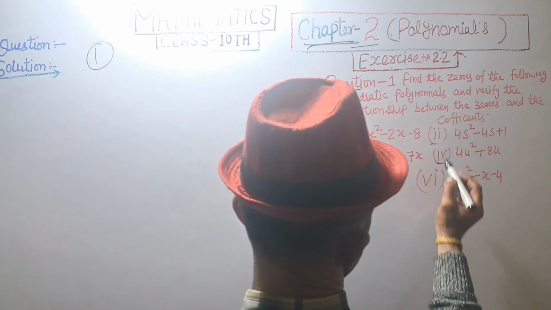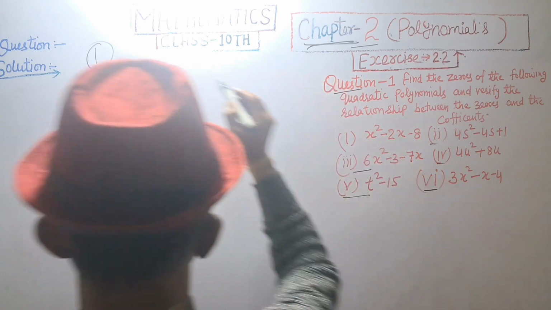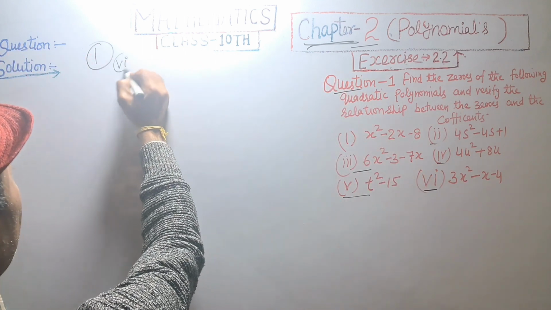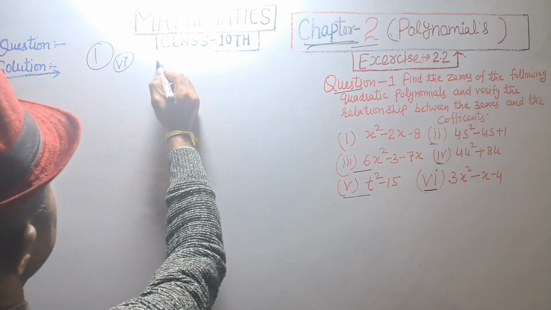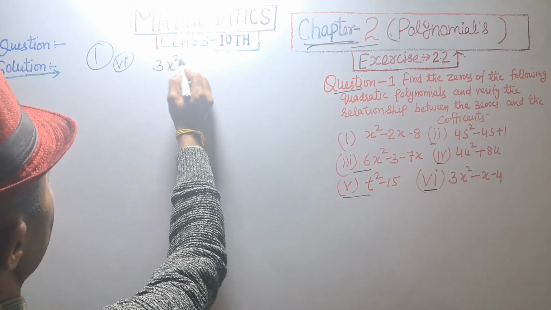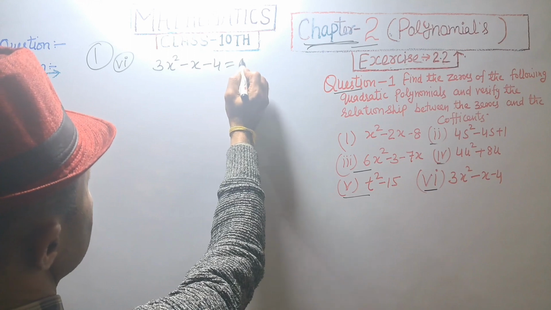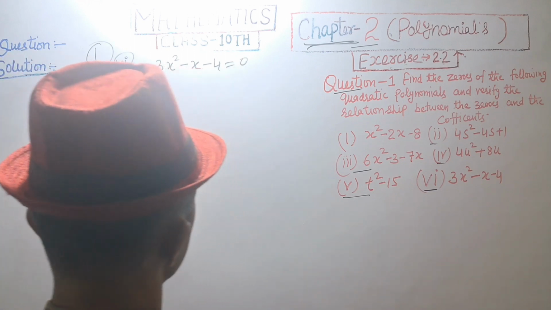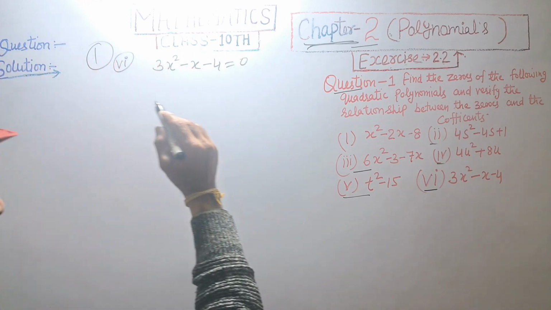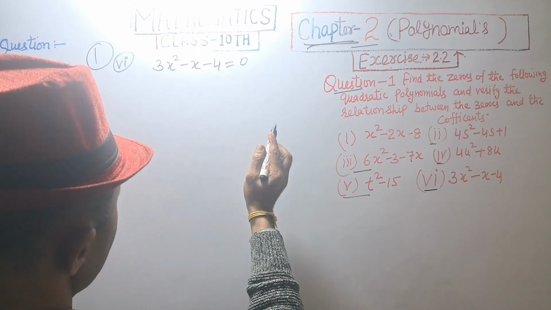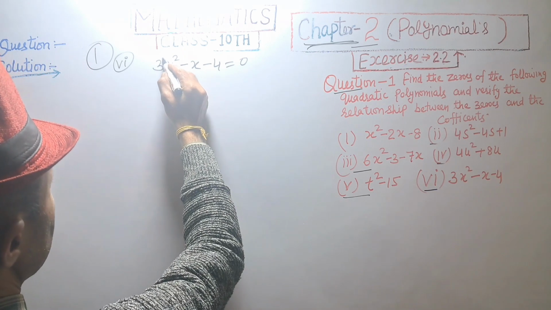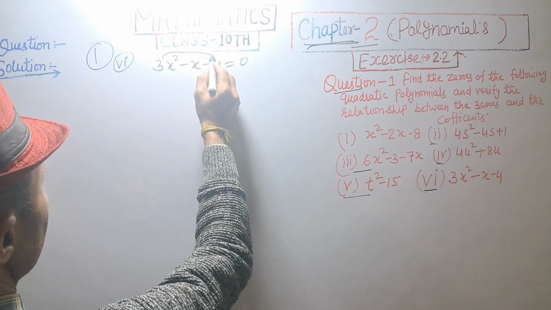Question number first, sixth part. 3x square minus x minus 4 is equal to 0. It is a quadratic polynomial and we are splitting by middle term.